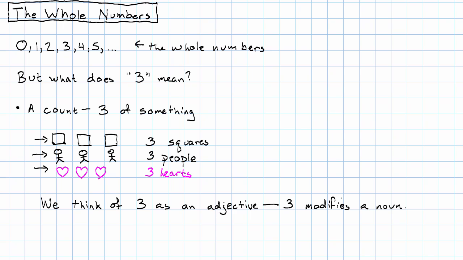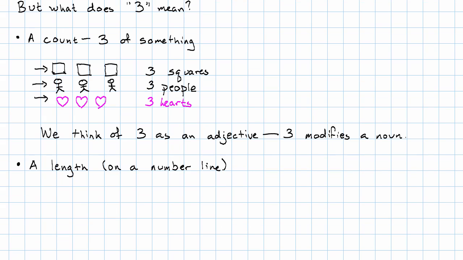There's another way of thinking about the whole numbers that's a lot like a count. We can also think about a whole number as a length. So if I were to draw a number line and say, okay, this distance is 1, and then I copy it, here's the same distance again, 1, 2, 3.